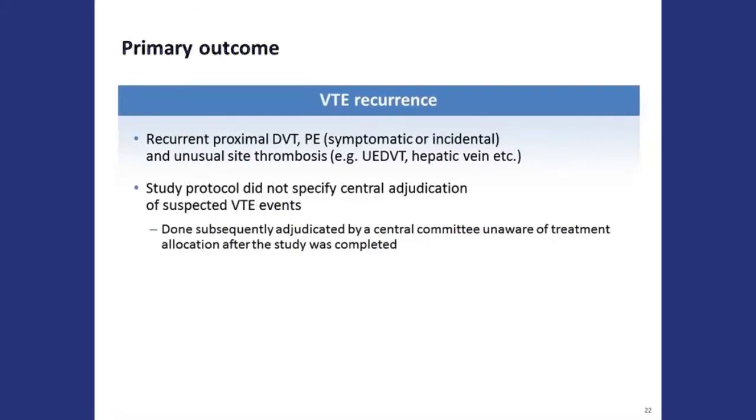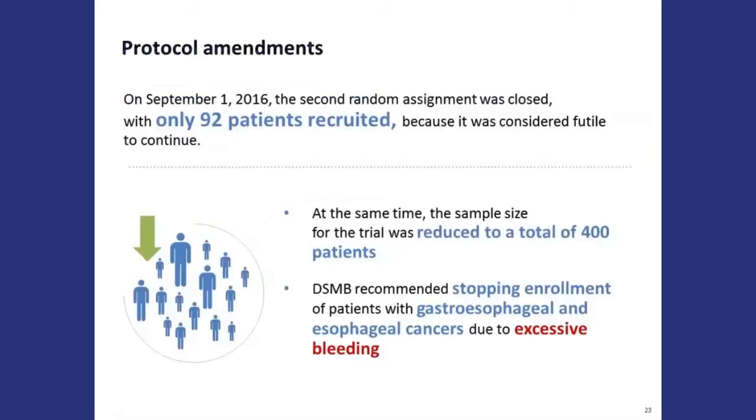If we take a look at other things that contributed to potential issues with analyzing the data, as I mentioned, they couldn't recruit enough patients into their second round. So they actually, halfway through, got rid of that second randomization and recalculated their sample size to be lower than what they originally had planned to do.